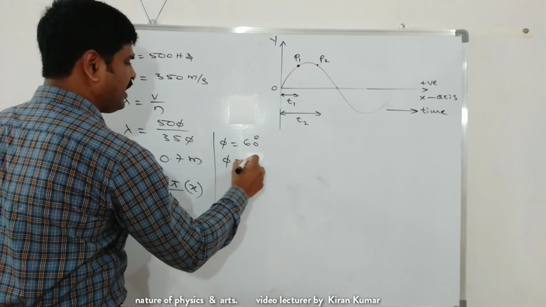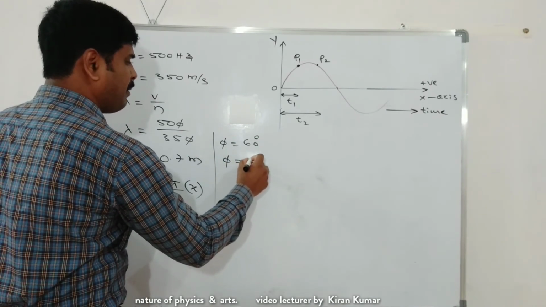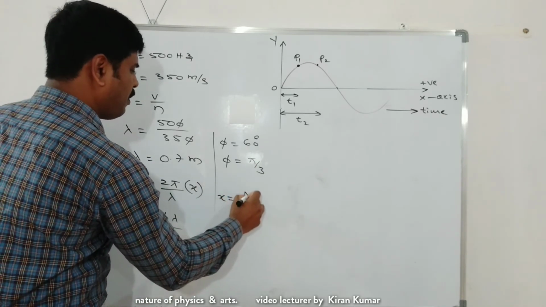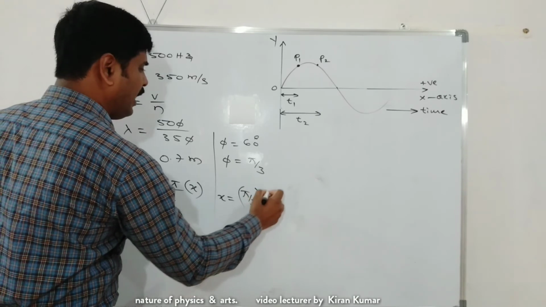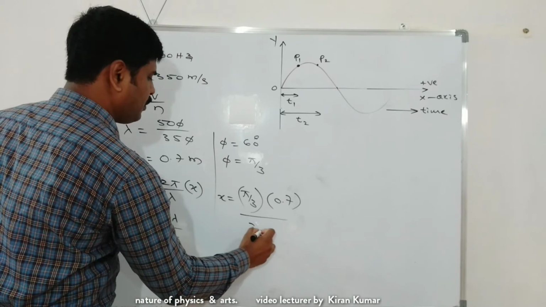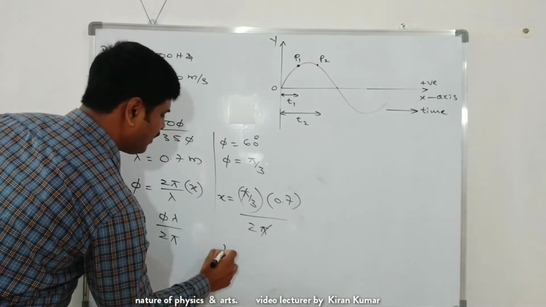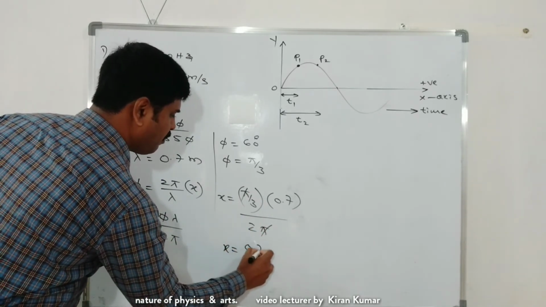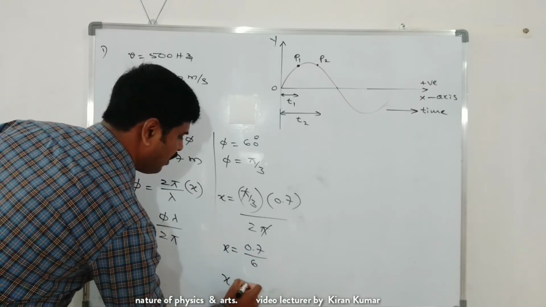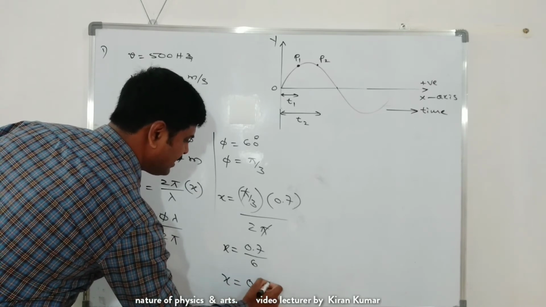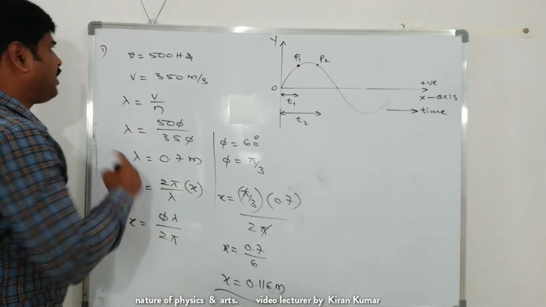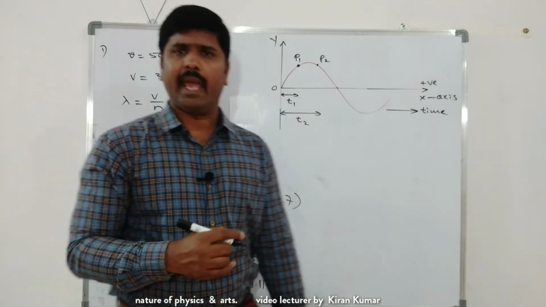So phi is equal to pi by 3, then x is equal to pi by 3 into lambda value 0.7 divided by 2 pi. Pi gets cancelled, and x is equal to 0.7 divided by 6, so that value is 0.116 meter. This is the path difference for question 1 in the example.